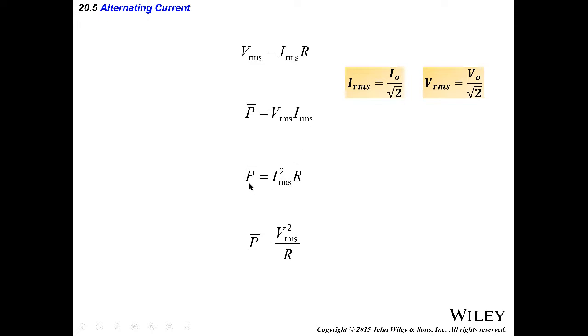And the power used now, you can really express it in terms of I root mean square, squared times R, and the power can also be expressed as V root mean squared, squared over R. I hope you understand. Just appreciate a little bit this thing about root mean square versus the actual maximum voltage in an AC circuit.